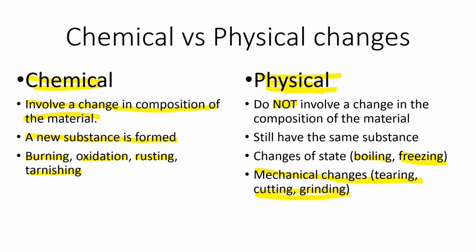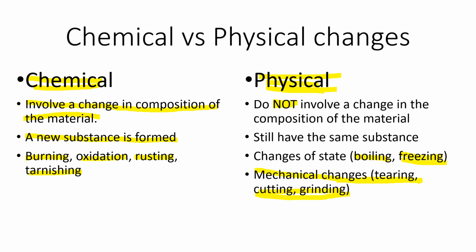Even if you tear that piece of paper into 300 little bitty pieces and it doesn't function as a textbook page or a document anymore, it's still paper. You haven't changed any of the chemistry, any of the composition that happened there. Now, if you would take that paper and burn it, well, now you're changing it into something brand new. New composition is going to be a chemical change.